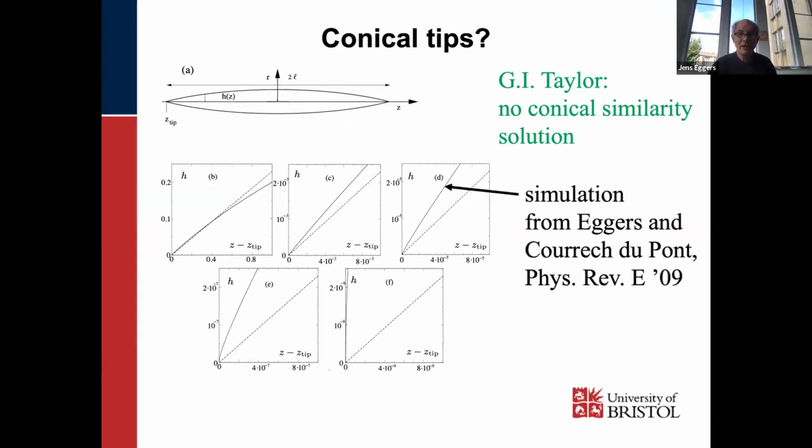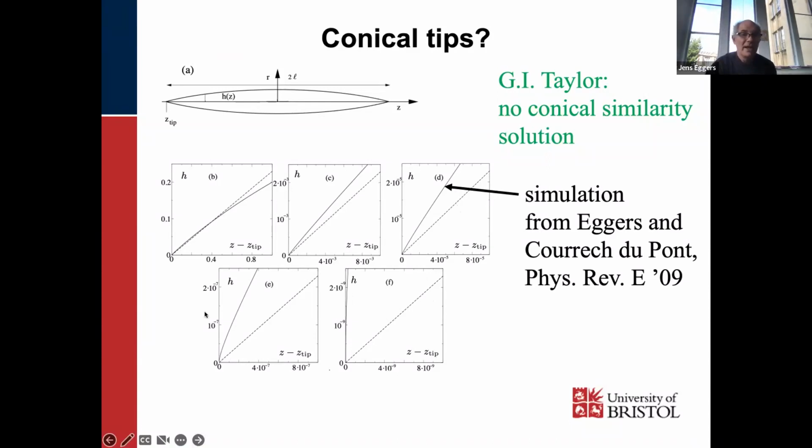So what I'm doing here is I compare the results of G.I. Taylor. The result of G.I. Taylor near this end here corresponds to a cone. So if I look at the interface, if I look at the thickness, the radius h here as a function of the distance from the tip, G.I. Taylor's theory would predict that the interface is a straight line. And in these panels here, I've always shown the same thing.